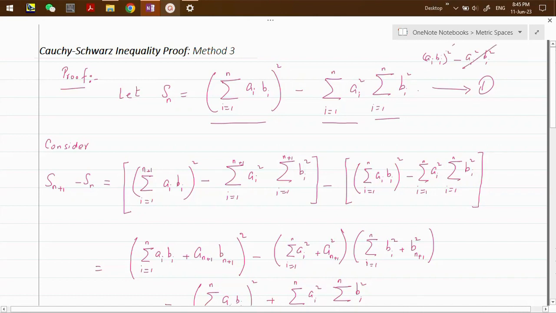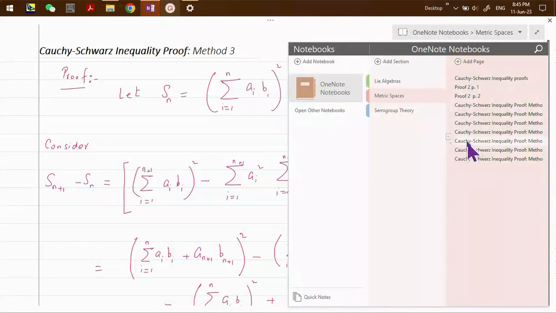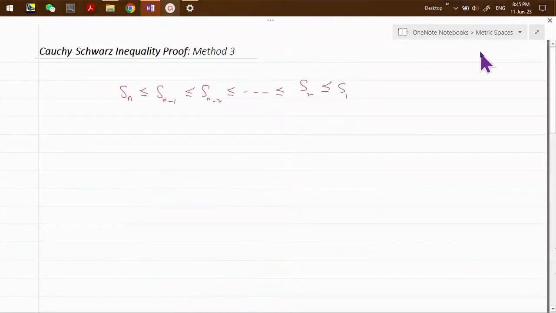So that's equal to 0. So it means that for n equal to 1, S1 is equal to 0.